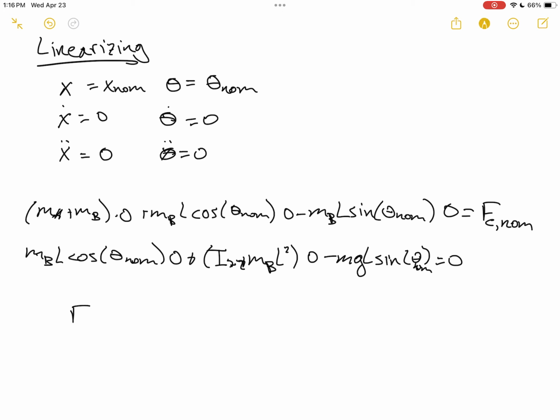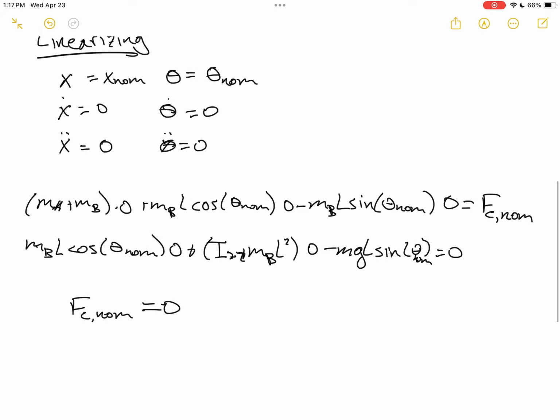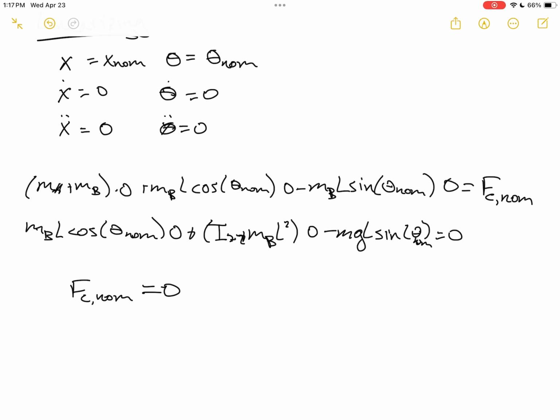So first, we know that Fc nominal, our nominal control force to maintain a nominal point with zero acceleration, zero velocity, is equal to 0. That comes from the first equation. And we also know that mb g L sine of theta nominal is equal to 0.